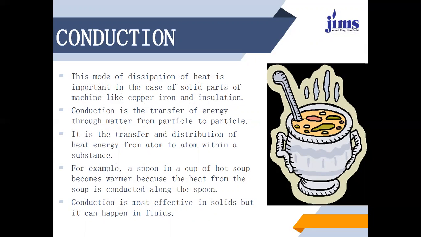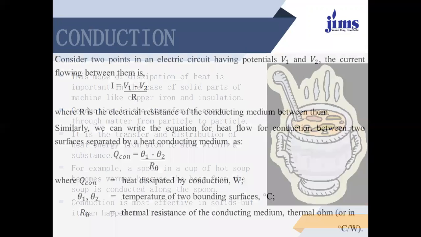It is the transfer and distribution of heat energy from atom to atom within a substance. For example, a spoon in a cup of hot soup becomes warmer because the heat from the soup is conducted along the spoon. So conduction is most effective in solids, but it can happen in fluids also.